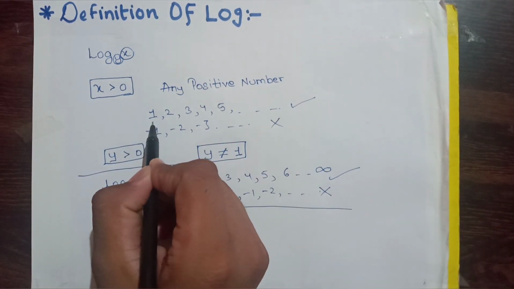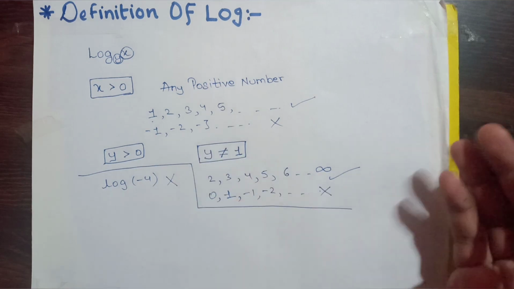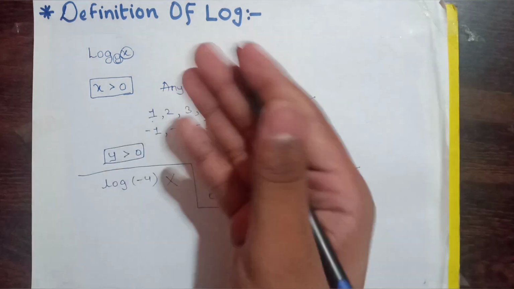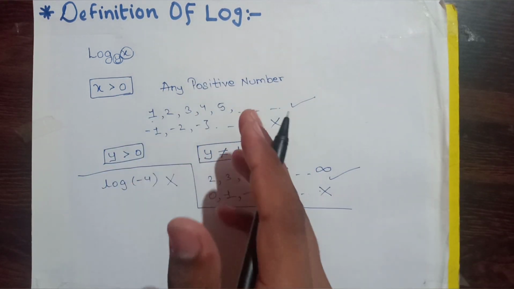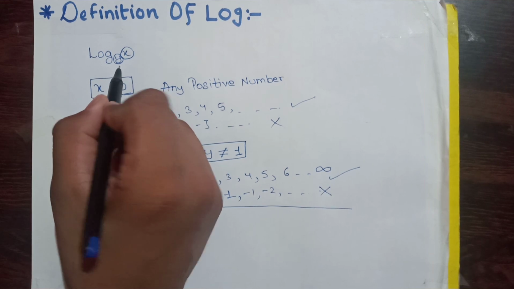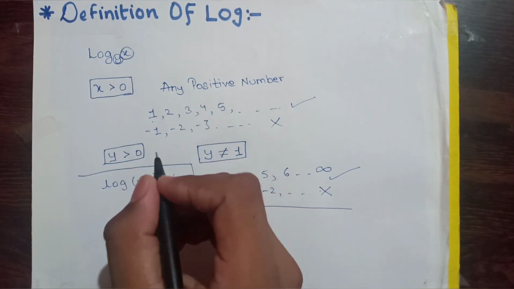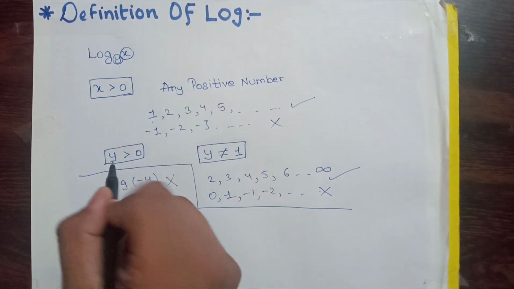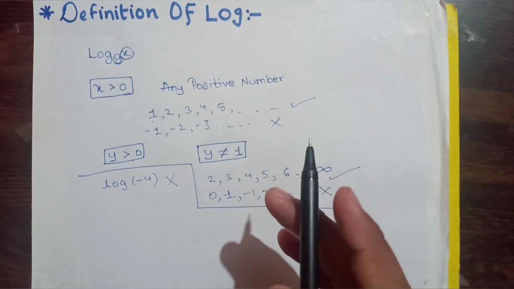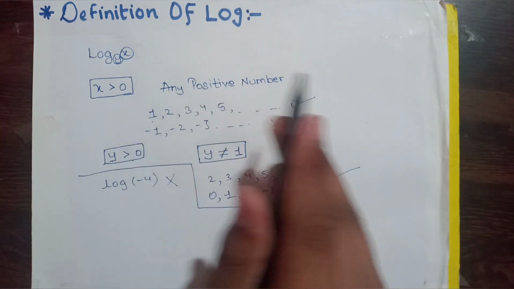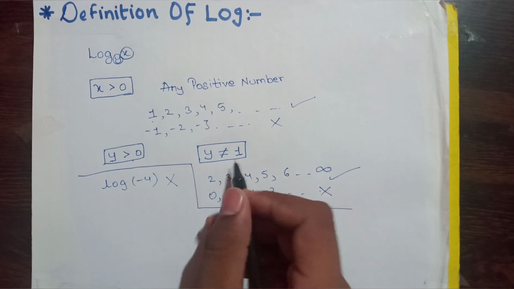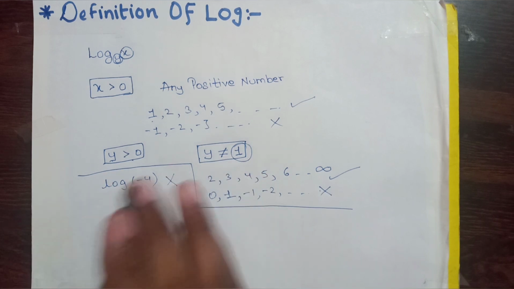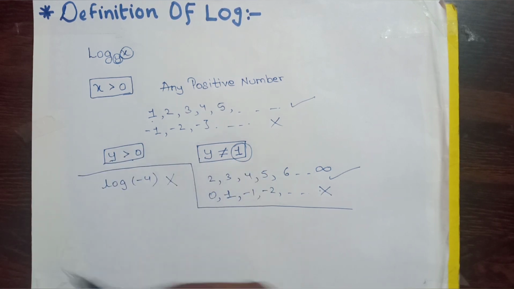We can even find the log of 1, but it's not possible to find the log of 0 or negative numbers, as per the condition. The second point is that if the base y is negative, then finding the log is also not possible, as the second condition says y should be bigger than 0 and not 1. Although 1 is a positive number, we can't use it as a base, as the condition says so.